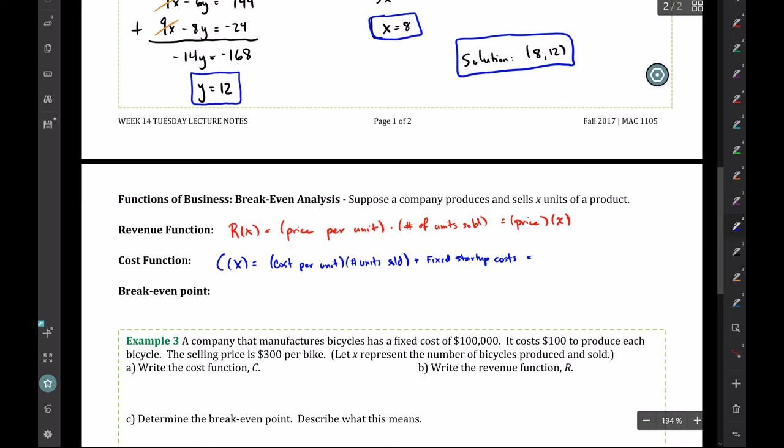And those would be something like the cost of creating a blueprint for a t-shirt that you're printing, or maybe the cost of buying a machine or maintaining a machine for a year in your factory.